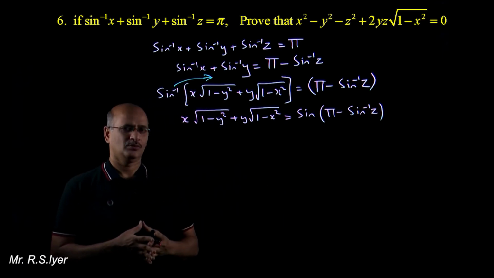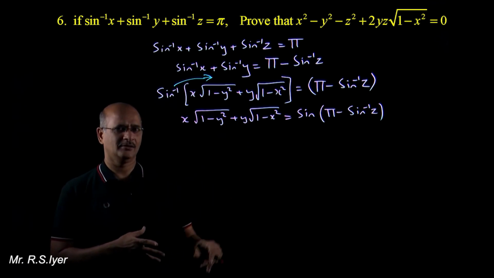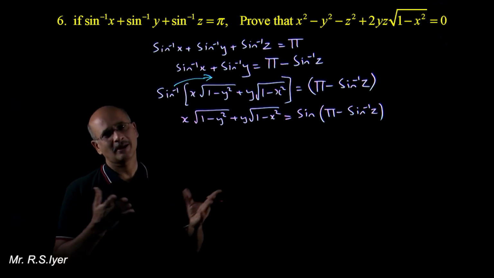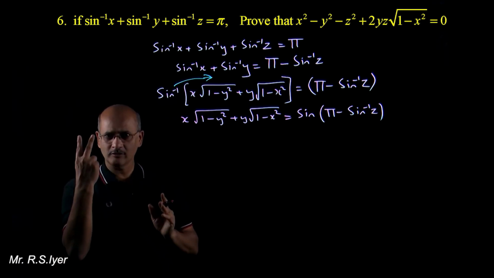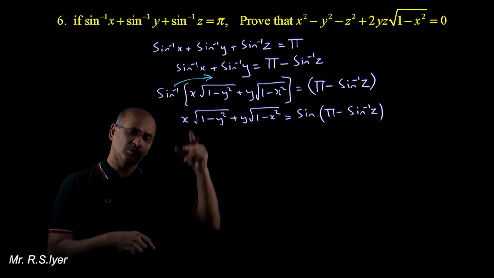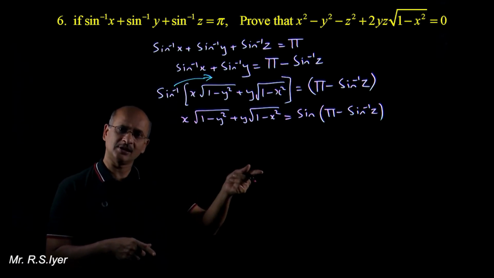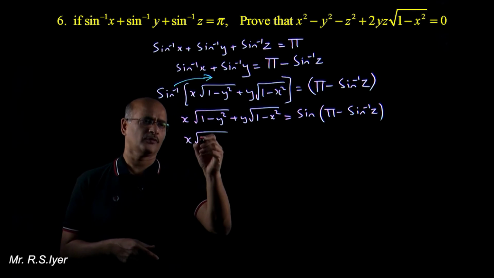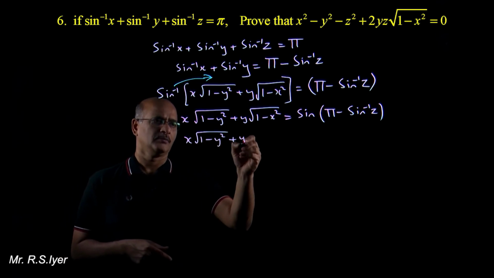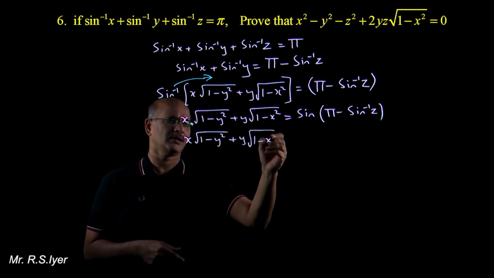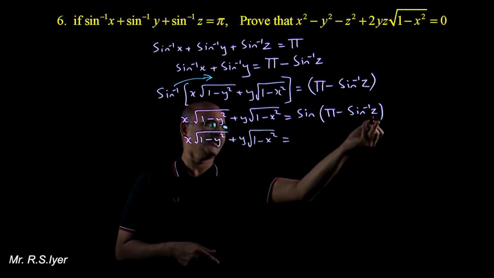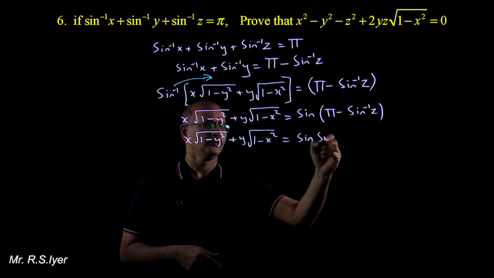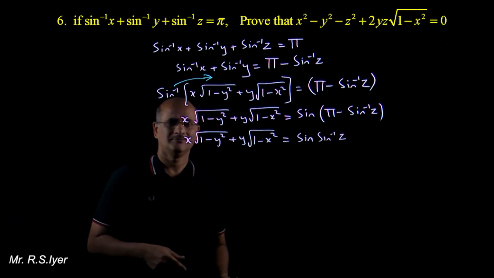What you see now, if you see the right hand side, sine of 180 minus theta. So 180 minus theta is what? Second quadrant, add sugar to coffee rule. So sine of 180 minus theta is sine theta. So that means it will give me x root of 1 minus y square plus y root of 1 minus x square. Sine 180 minus theta is sine theta. It is sine of sine inverse z.